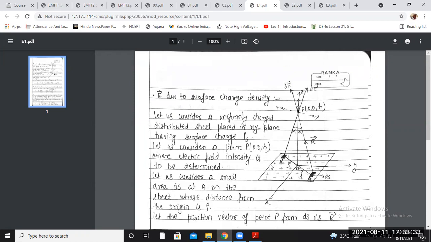Now we have to calculate the electric field intensity due to this surface charge density at this point P. This point P is perpendicular, on the z axis, whose coordinate is given as (0, 0, h), where h is the height of point P from this surface, and the surface is at the origin.